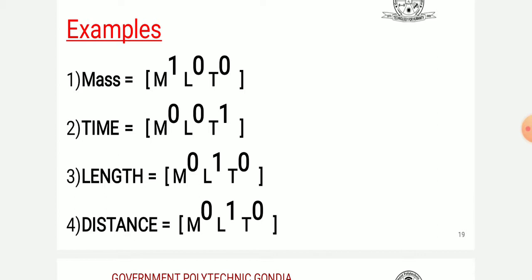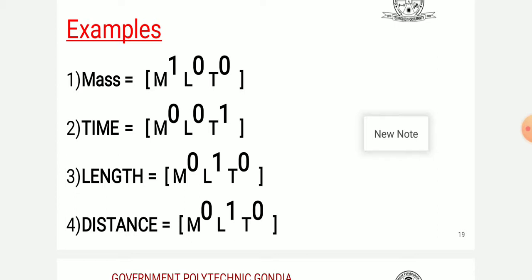Now see, the first example is the mass, and in square brackets we are using the letters M, L and T. Here M stands for mass, L stands for length and T stands for time. So we are using just these 3.